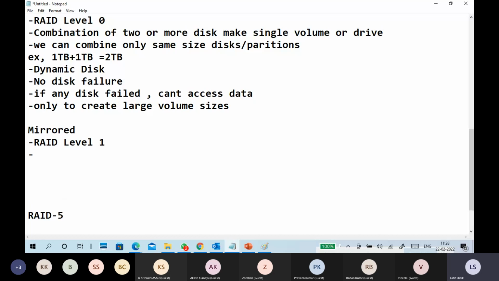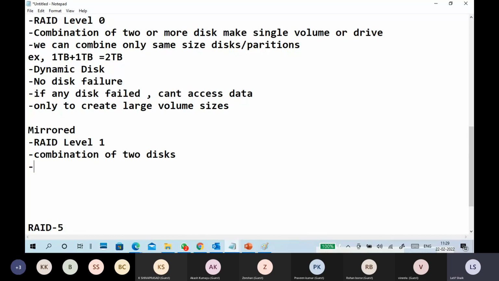It is a combination of two disks only. It's not more disks. A combination of 2 disk array drives, we can say, but best is to take 2 disks when you are configuring.